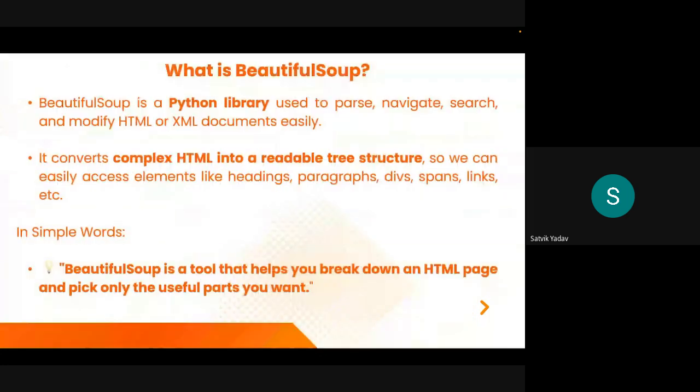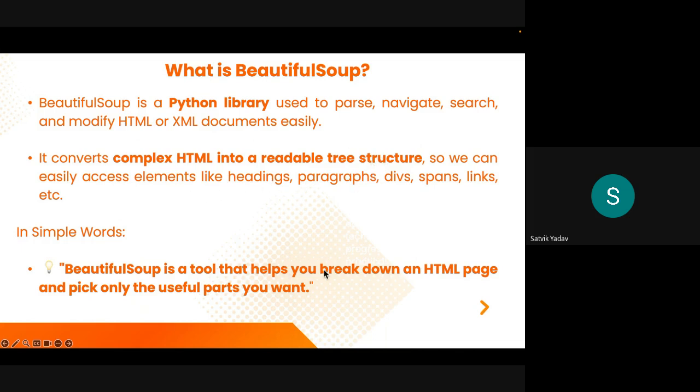So let's read about it. Beautiful Soup is a Python library used to parse, navigate, search, and modify HTML or XML documents easily. Let's say we have HTML code; you can filter things from it. I will show you how it is done. But think of it like this: it converts your complex HTML code into a readable text structure or tree structure.